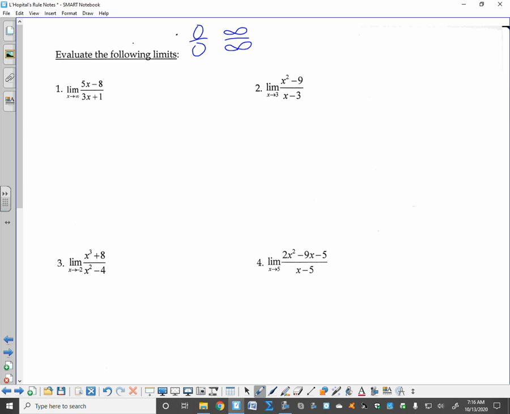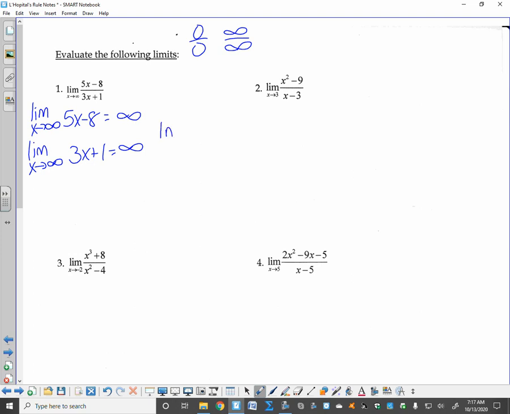So what I'm going to do is I have to first state the limit of the top is infinity. Separately, not in a fraction, separately, I have to state the limit of the bottom is infinity.